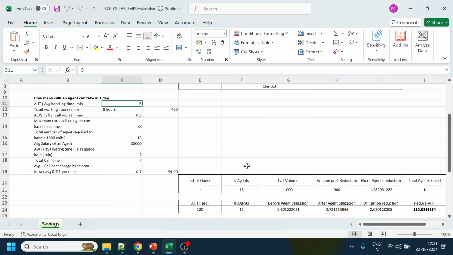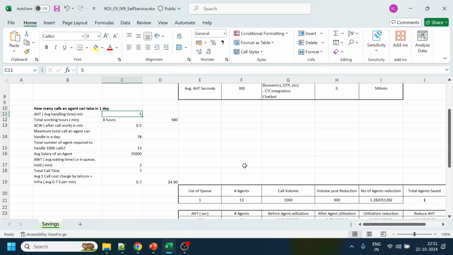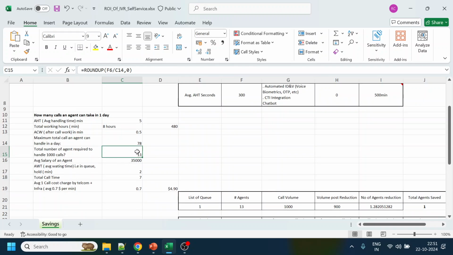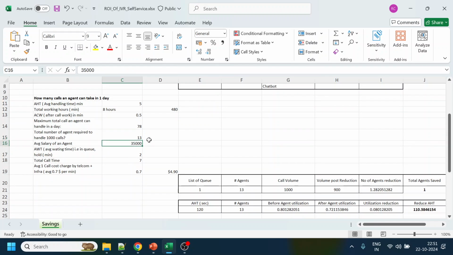Now, to take 1,000 calls, if you divide 1,000 by 78 calls a day, you get roughly 13 agents. I have rounded up, not down. And we have given the agent average salary as around $35,000 per year. So this whole calculation is clear now.